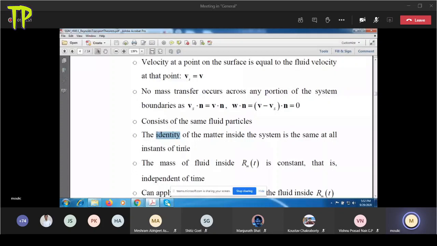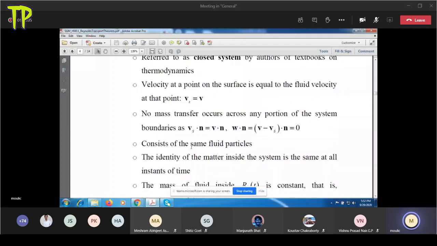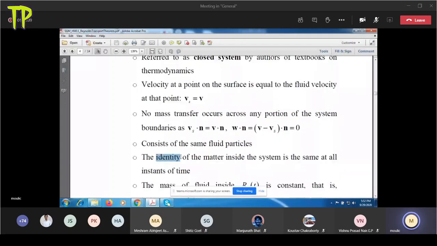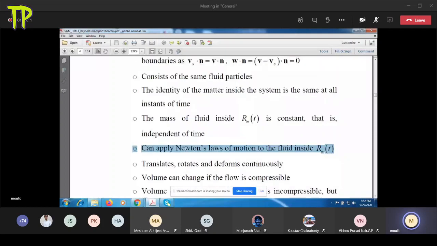You can have an open system or control volume where the mass of fluid inside is constant at steady state, but mass might be entering and leaving, so that the identity of matter changes. But in the case of what we are calling a system, the identity of the matter is the same. So it is like a body to which you can apply, say, Newton's laws of motion. Now this system will translate, rotate, and deform continuously.